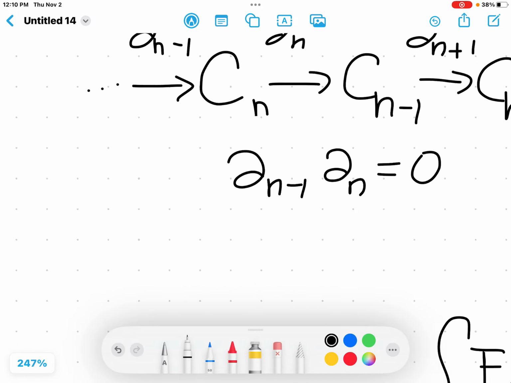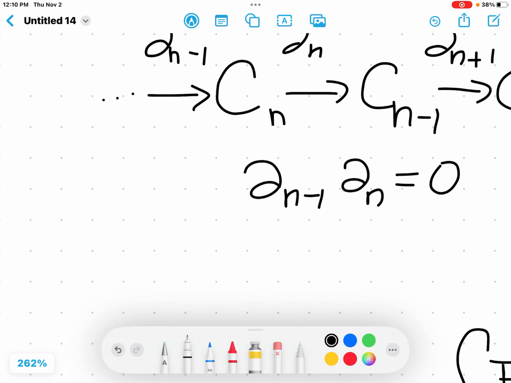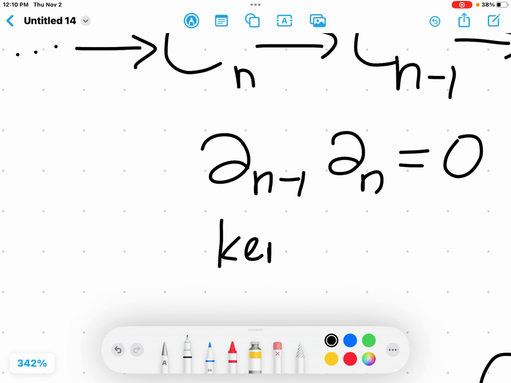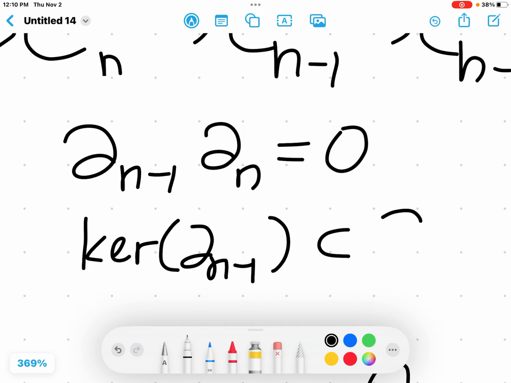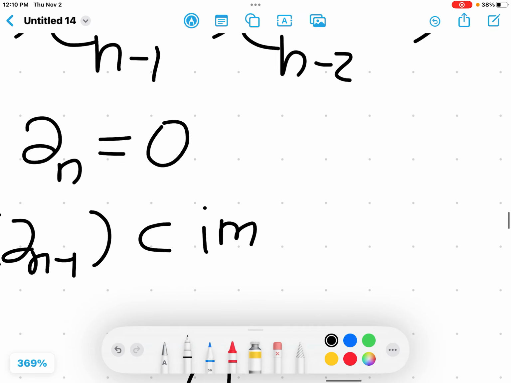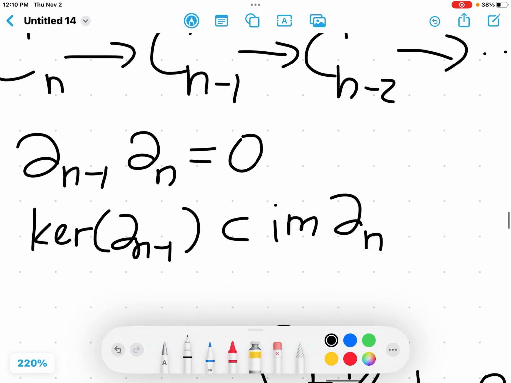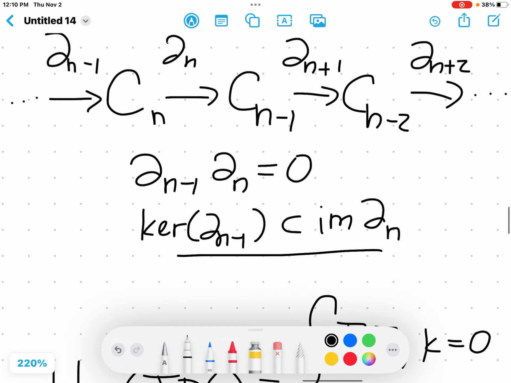And I can compute a homology from these guys. So this is when the kernel of ∂_{n-1} is contained inside the image of ∂_n. And this fact here allows us to compute homology groups because, of course, if I'm going to compute a quotient group, the subgroup I'm quotienting my given group by needs to be inside the group.